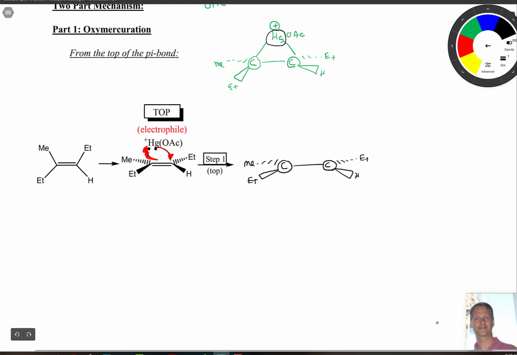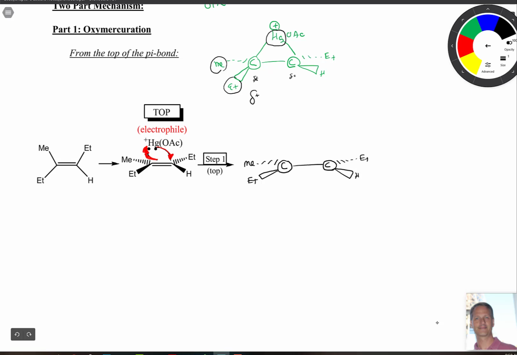If it were a perfect isosceles triangle, you'd get a delta plus here and a delta plus here that were equal to each other. But because you have an ethyl and a methyl group here, you have a better chance at pulling a larger delta plus from that side. So we want a bigger delta plus there and a smaller delta plus on that side. The consequence of that is it makes that mercury lean a little bit.